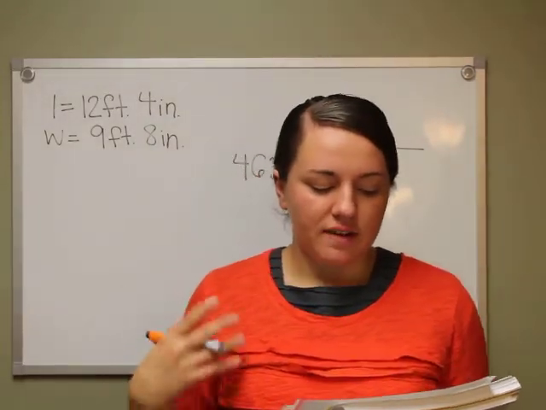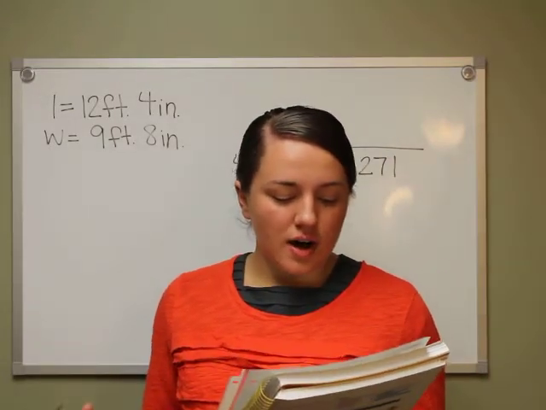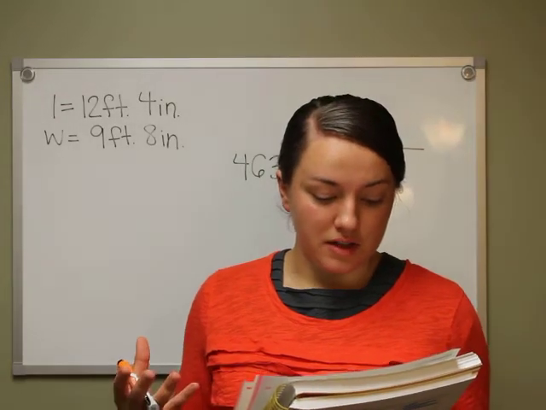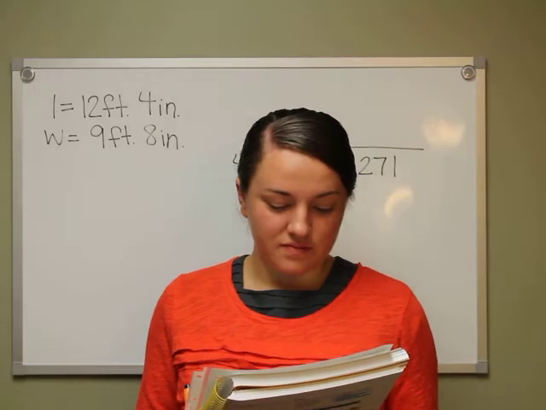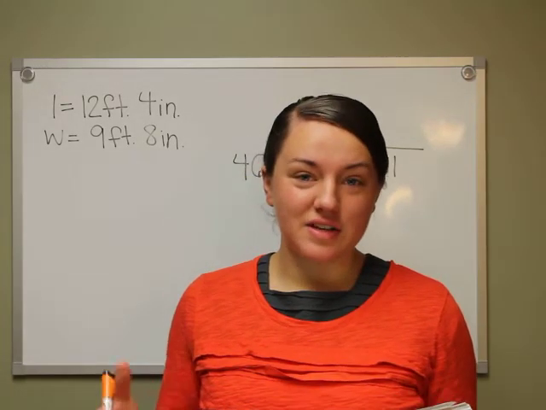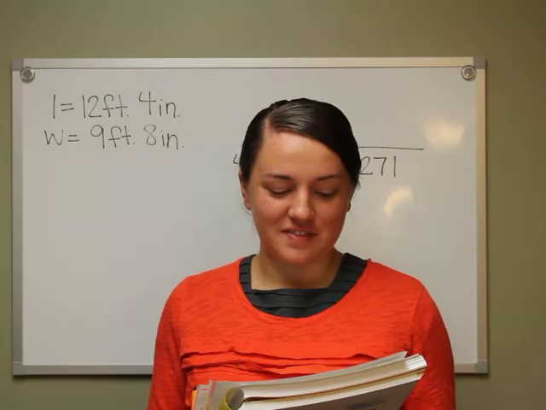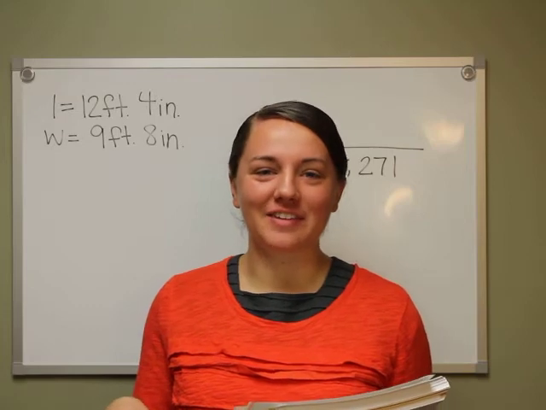You need to decide if it is reasonable or unreasonable. So the first one, the star of the track team ran 5,000 millimeters in 5 minutes. Is that reasonable or unreasonable? Okay, that is unreasonable, completely unreasonable.